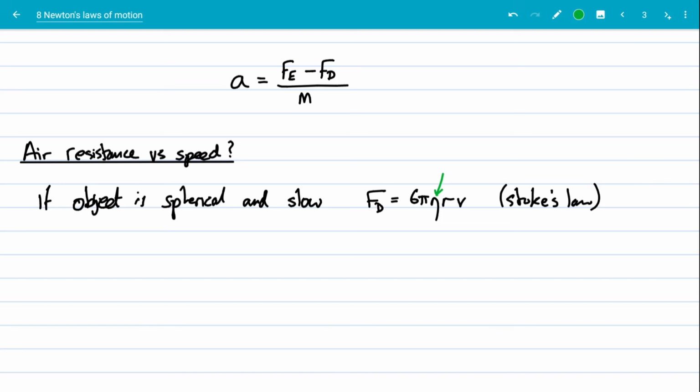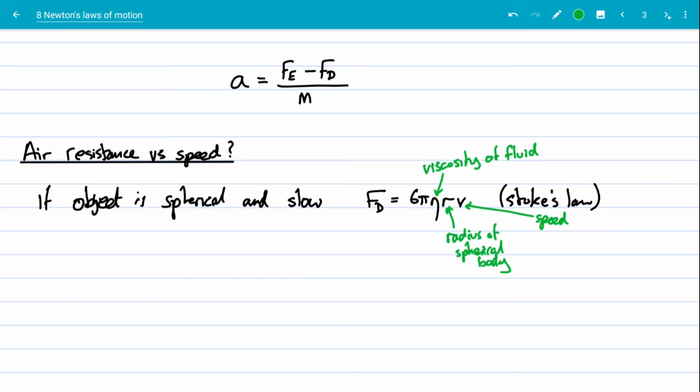Eta is the viscosity of the fluid, maybe air, maybe water, it doesn't matter. R is the radius of the spherical body. And V is the speed of the body relative to that fluid.